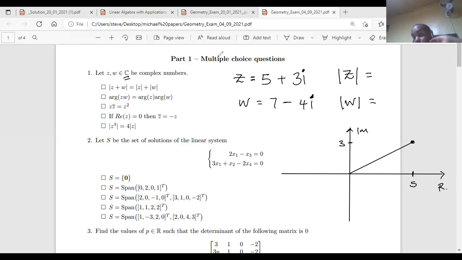We can use Pythagoras theorem to find that distance. This distance is the square root of 34, and so the modulus of your number Z is the square root of 34.